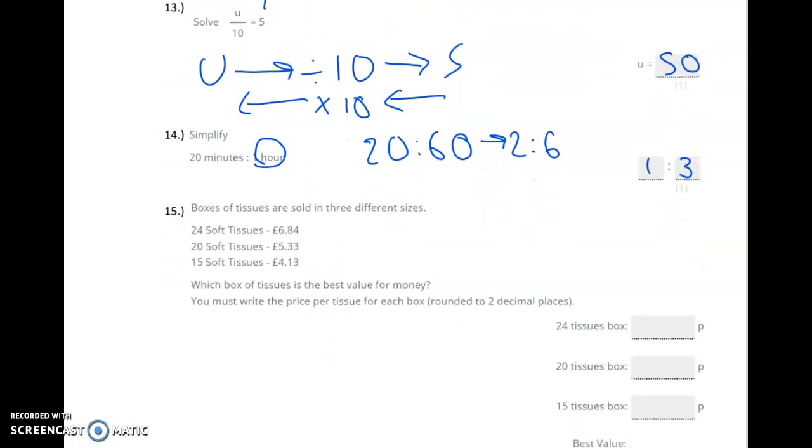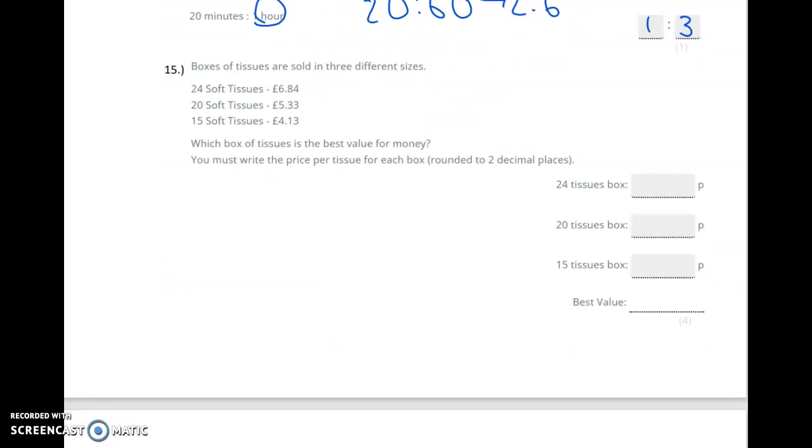Boxes of tissues are sold in 3 different sizes. It says 24 box for £6.84, 20 for £5.33. It asks which box of tissues is the best value for money. You must write the price per tissue for each box, rounded to 2 decimal places.